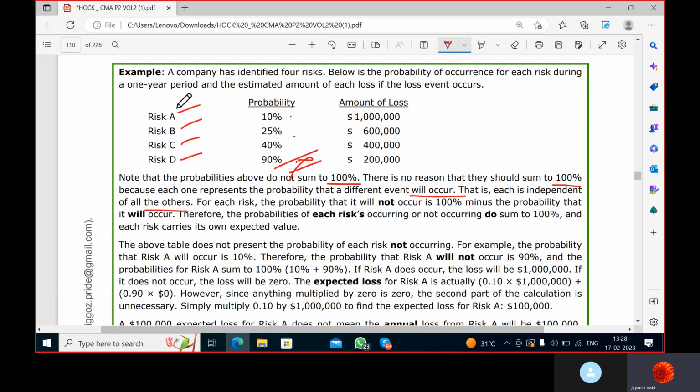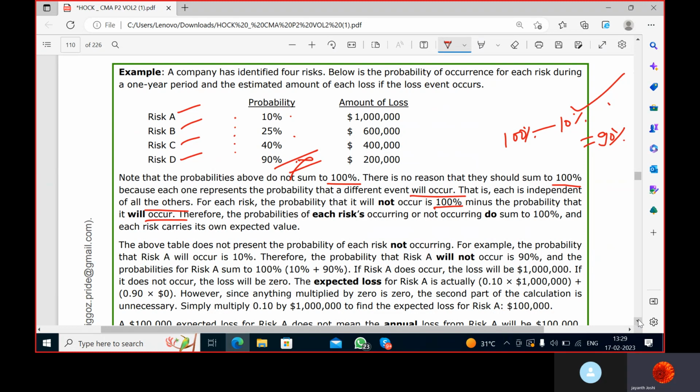For each risk, the probability that it will not occur is 100% minus the probability that it will occur. So if I take 10%, I remove it from 100% and I get 90% not occurring.